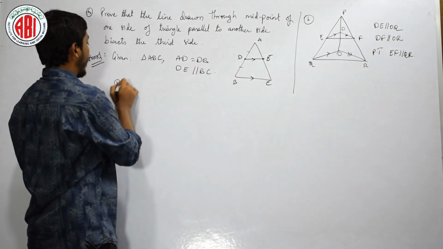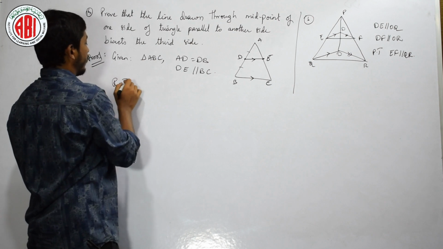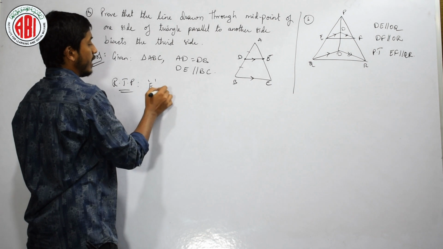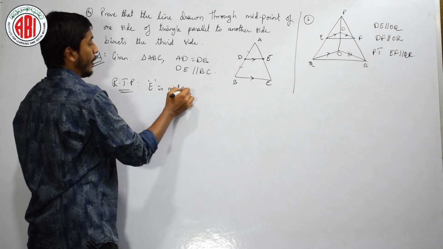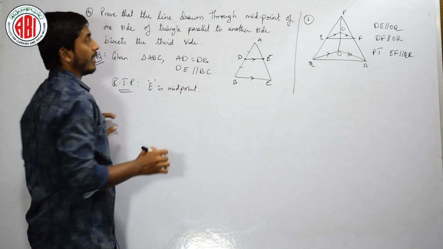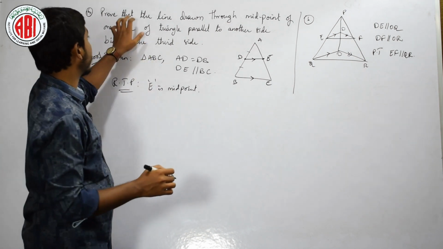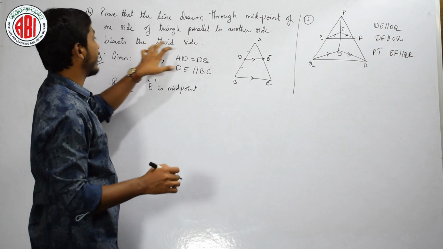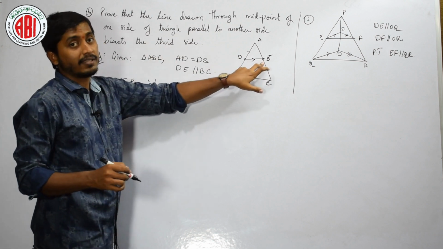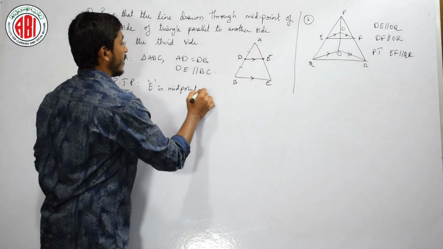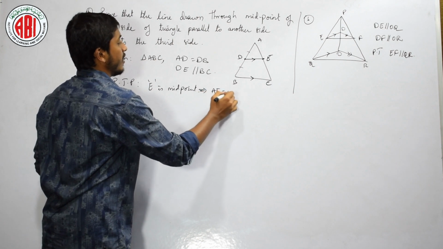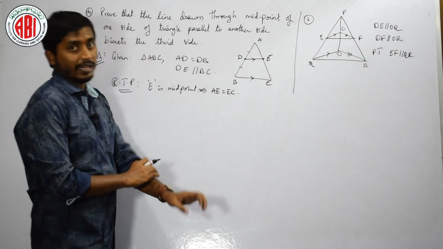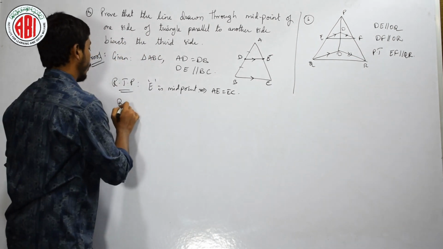Then what is it that I have to prove? I have to prove that E is midpoint. That is what he is asking, that the line drawn through the midpoint bisects the third side. Bisecting means we have to show that AE is equal to EC. That is what we have to show, right? Is it clear? Now let us prove.